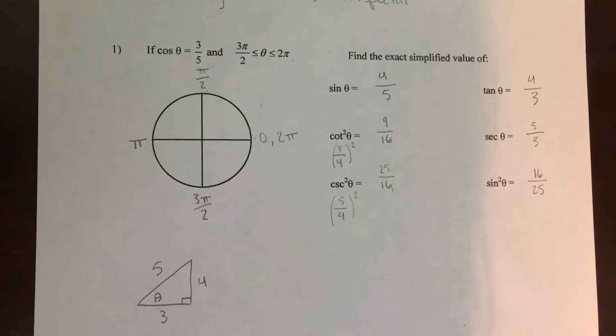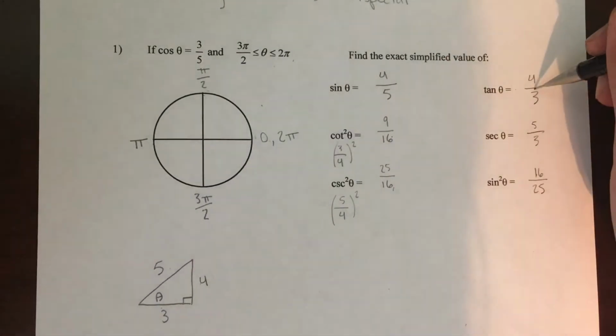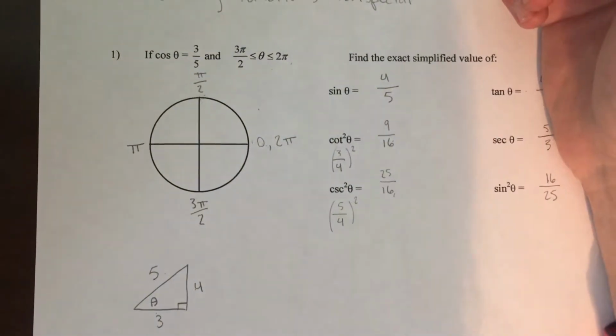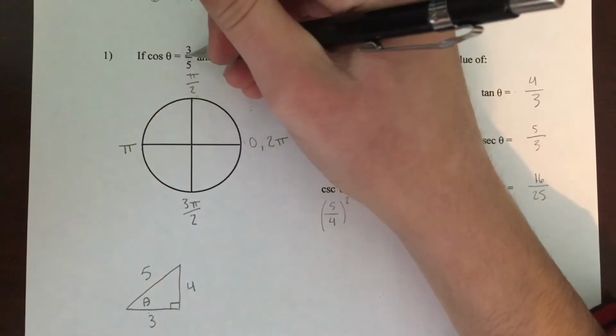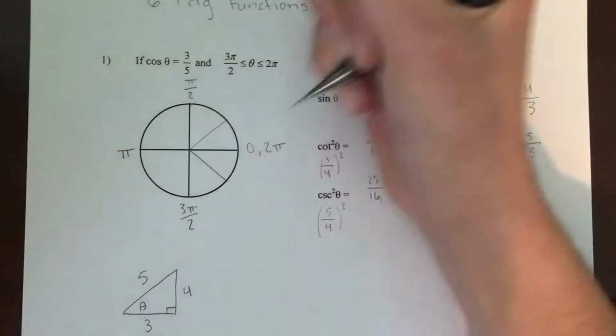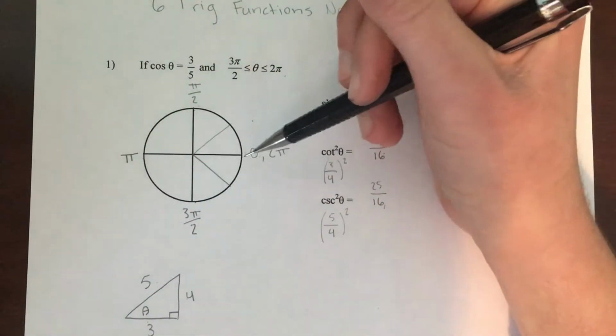Now all we need to find is whether these values are positive or negative. Okay, so cosine is positive with what we're given, and when cosine is positive, it's either here or here. But we have a domain restriction, which is between 3 pi over 2 and 2 pi.